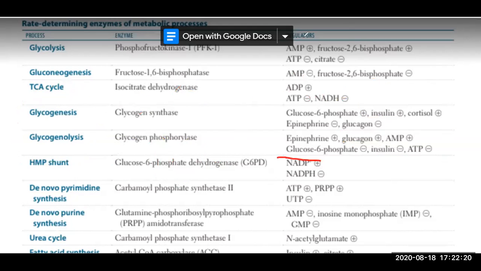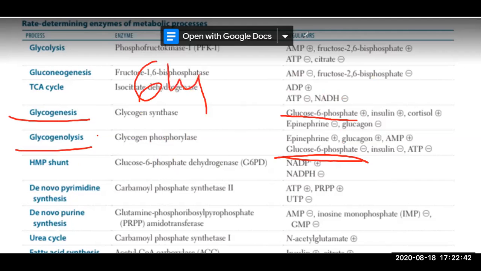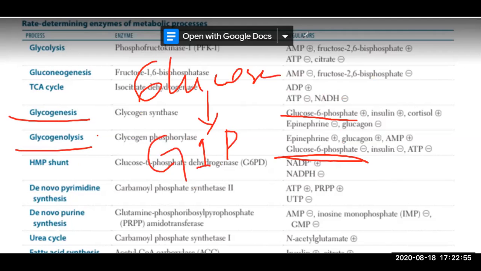Now we are left with glucose 6-phosphate. You see, glucose 6-phosphate is inhibiting glycogenolysis and glucose 6-phosphate is promoting glycogenesis. The same things are going here also, opposite work. So we will see glycogenolysis. Glucose 6-phosphate is a product of glycolysis. You have glucose, you have glucose 1-phosphate, you have glucose 6-phosphate.